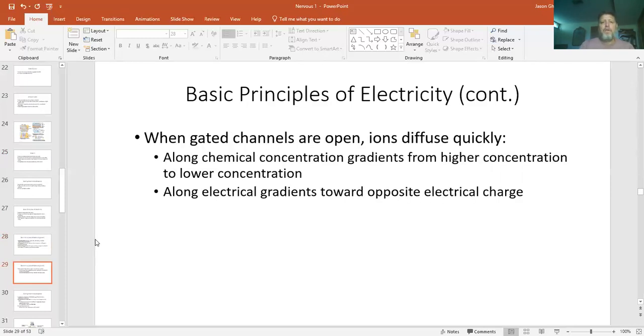All right. So when these gated channels are open, the ions, because this is where we get our charge from, diffuse very quickly. So this concentration gradient, just like osmosis or diffusion, it'll go from a high concentration to a low concentration. And this causes an electrical charge for us.